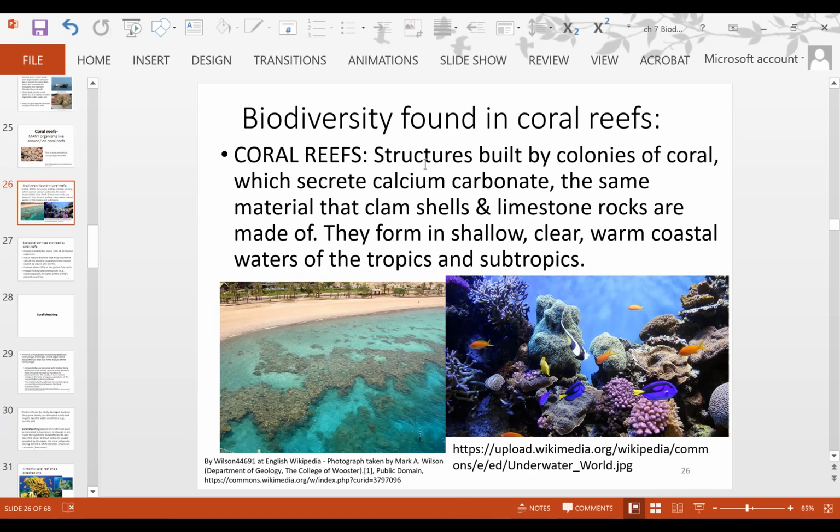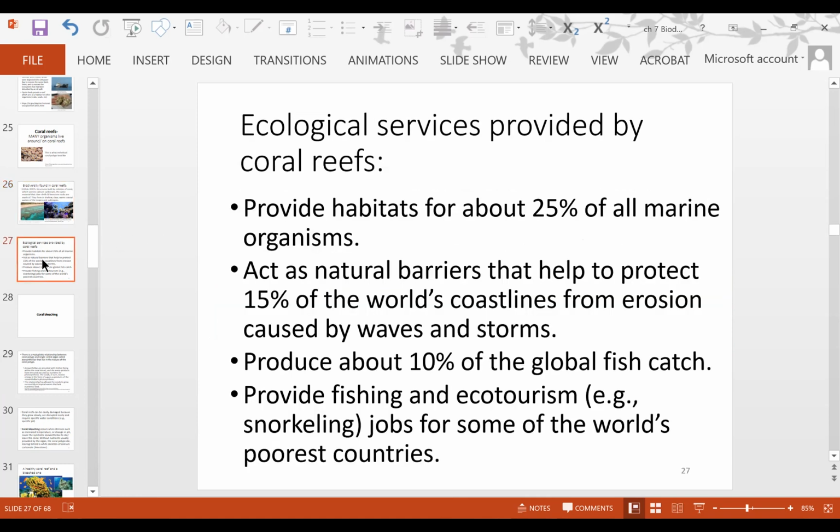So corals live in shallow, clear, warm coastal waters in the tropical and subtropical areas. And this is kind of an overhead view of a coral reef. And here's a close-up. And here is a list of ecological services provided by coral reefs.